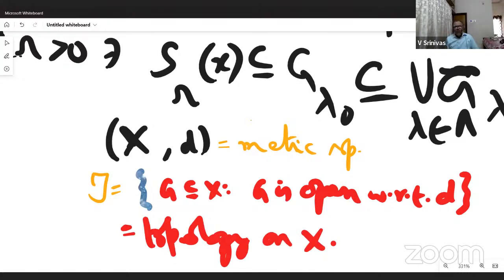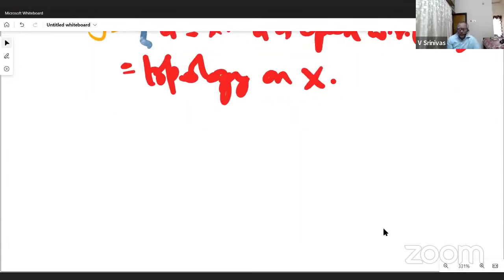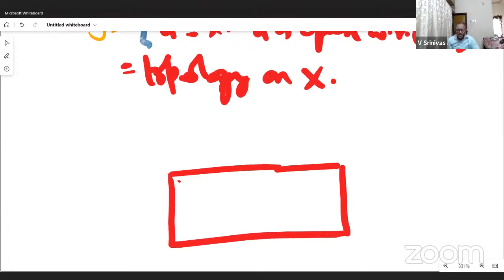So whenever you are inside a metric space, you do have a topology. That is the topology induced by that metric. And you may ask whether every topological space can be obtained through a suitable metric. How about the converse? So we have this situation. Let me draw this figure. If you collect all metric spaces, this is the set of all metric spaces.